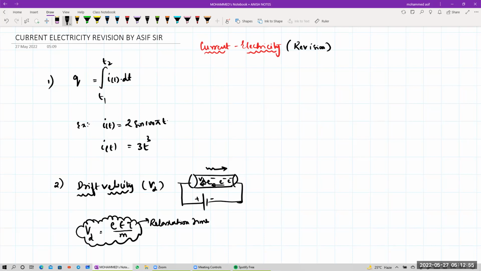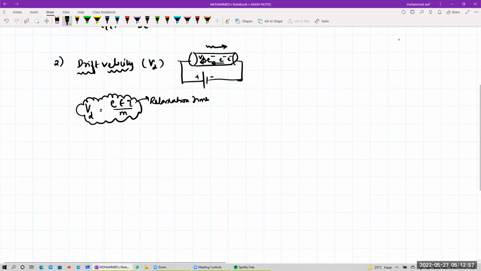And current is also written as one more relation, that is I is equal to V n e A. The drift velocity, charge of your electron, and n. What is n, beta? Number of free electrons per unit volume. And A is your area of cross section. So the current in terms of drift velocity and area will be written as I is equal to n e A Vd.